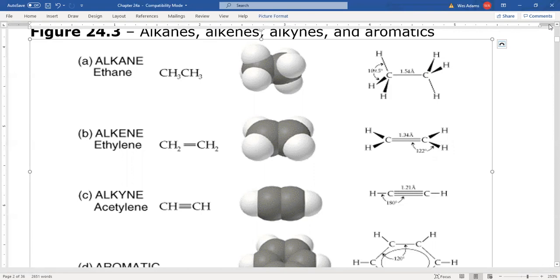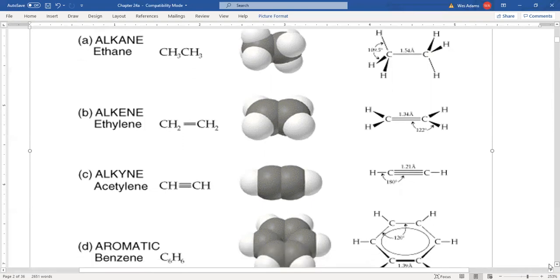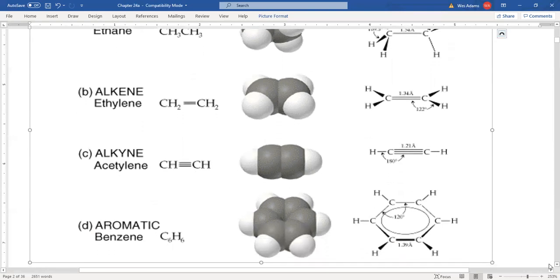Then you got ethylene or ethene, carbon-carbon double bond. And so now this molecule lays a little bit more flat depending on how it's oriented. Acetylene is definitely a flat molecule, 180-degree bond angles. The aromatic has alternating single and double bonds in this ring, 120-degree bond angles.